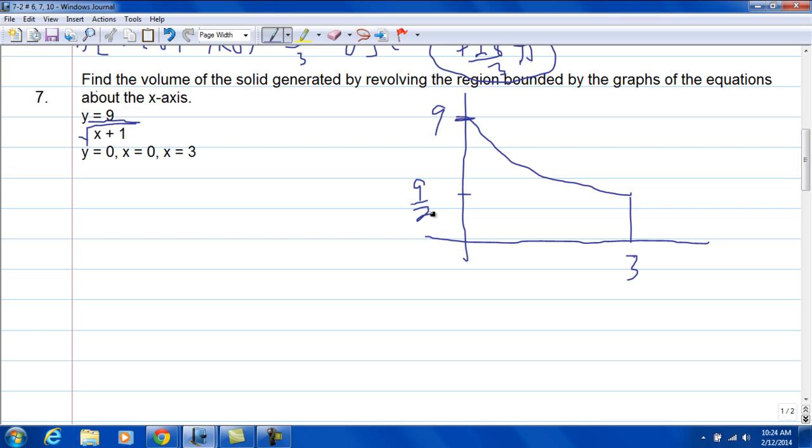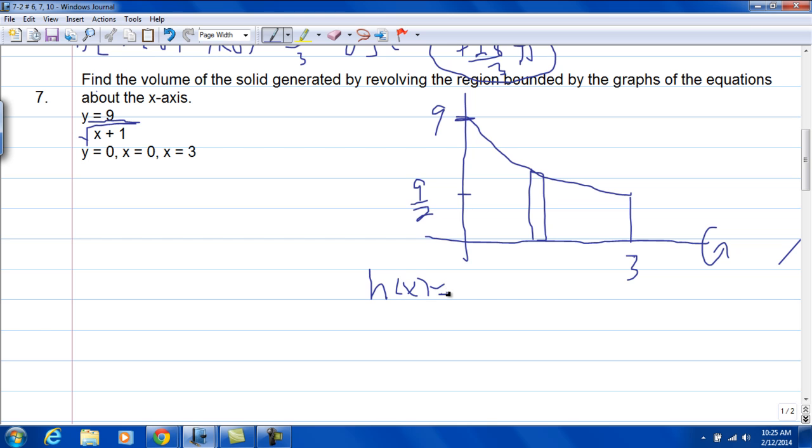And then we need to have it rotate about the x-axis, so it's going to go around the x-axis. So let's draw our approximating rectangle. What's the height of that rectangle? h of x is going to be what?